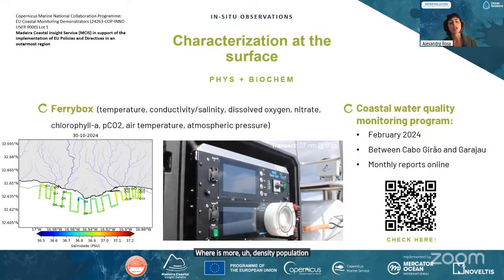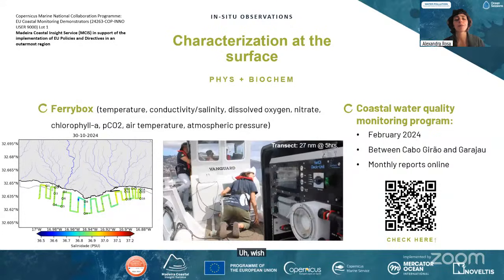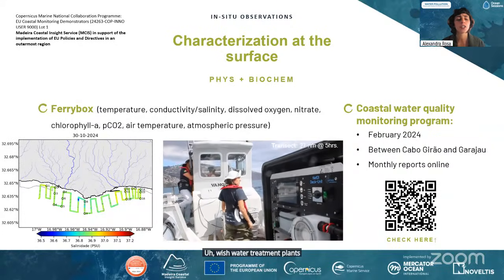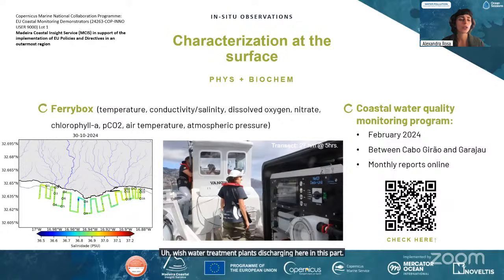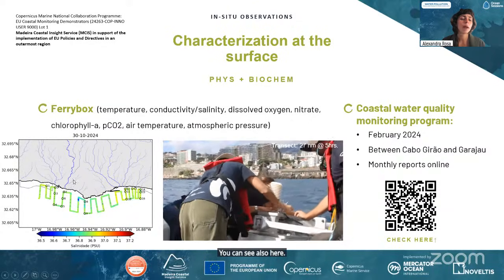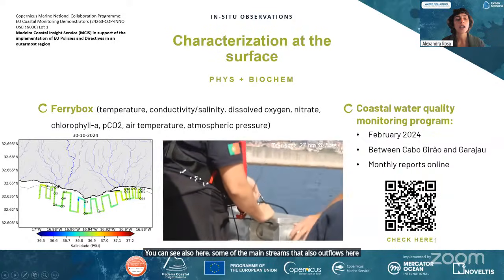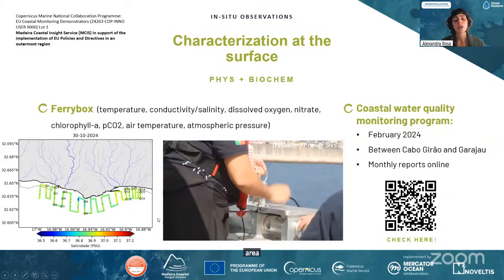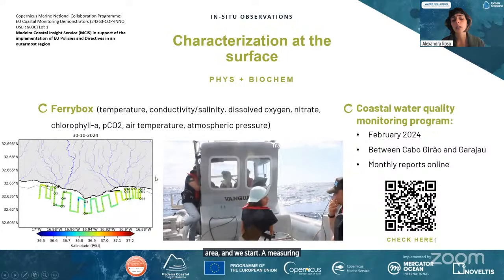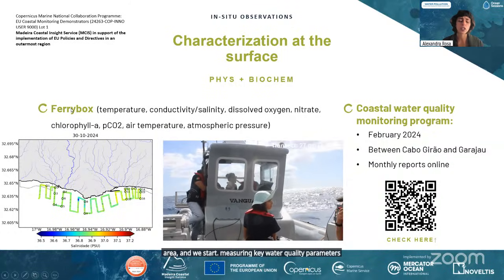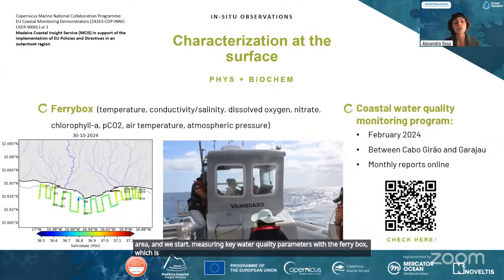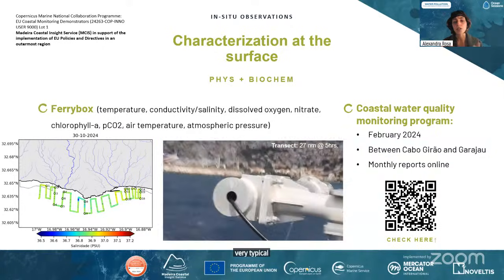So we have wastewater treatment plants discharging in this part. You can also see here some of the main streams that also outflow into this coastal area. And we started measuring key water quality parameters with the FerryBox, which is a system very typically used in big research vessels.